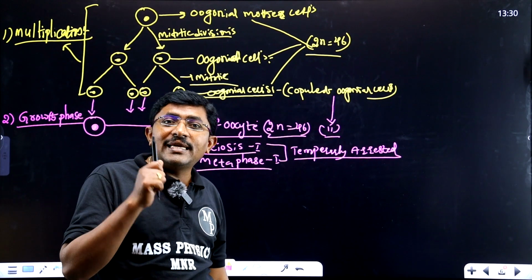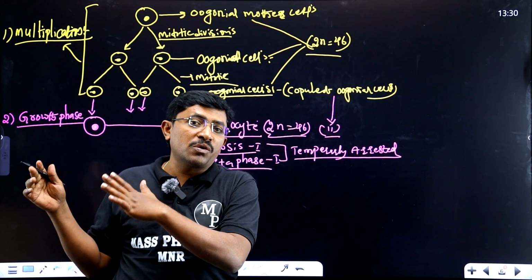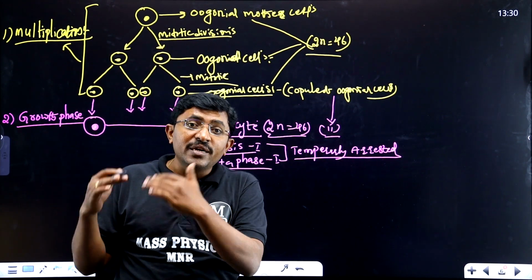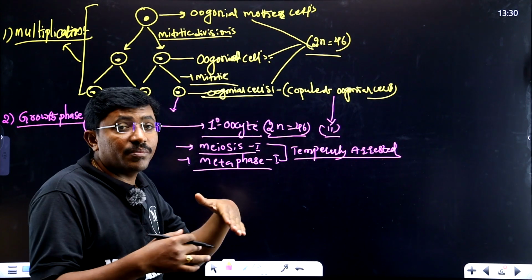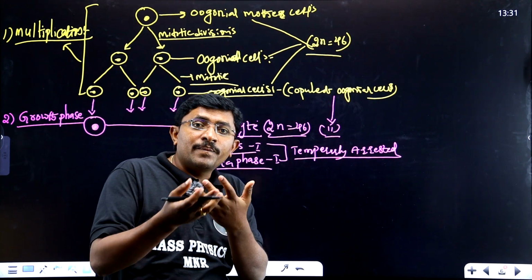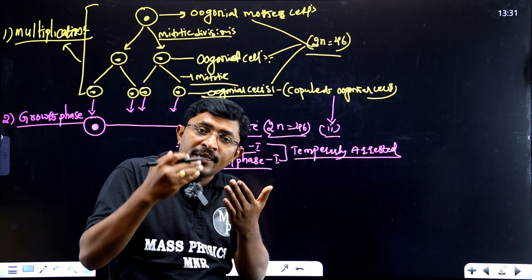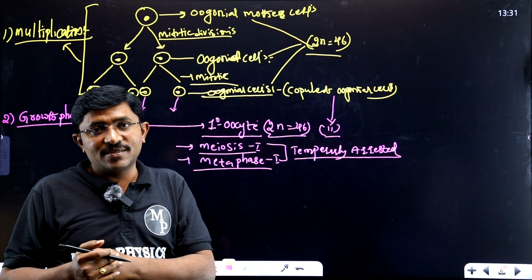Once the delivery is completed, once the baby comes out from the mother's uterus to outside, the primary oocyte number will not increase, and finally the oocyte number gradually decreases by the degeneration of primary oocytes.